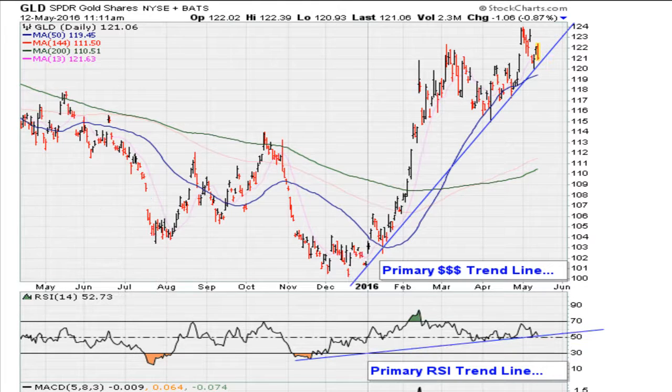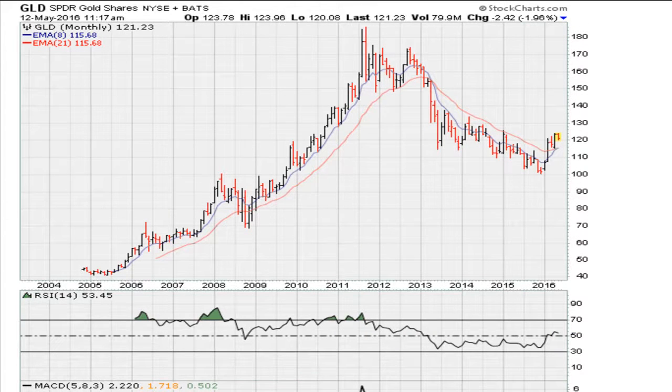At the same time, if you're bullish on gold, you want to insist that this line holds right there. That line needs to hold. Now it's important to understand the context of why I am saying we watch this daily chart. The context is on the monthly, and this is all monthly data for the GLD: the trend line break here in late 2012 or 2013 has really brought gold off the highs of 2011.